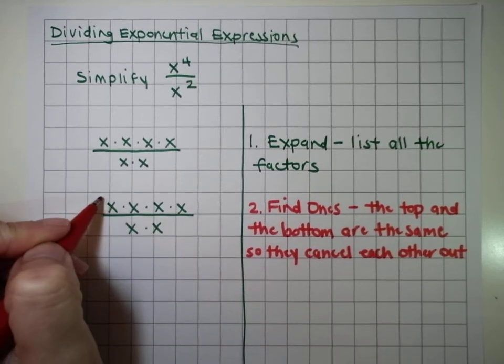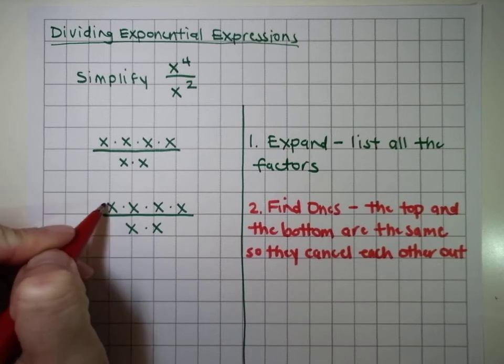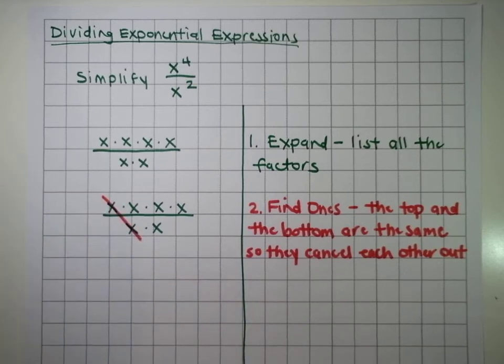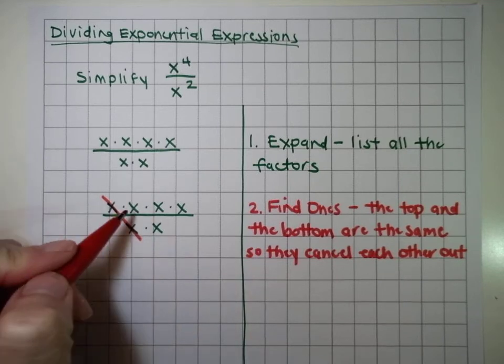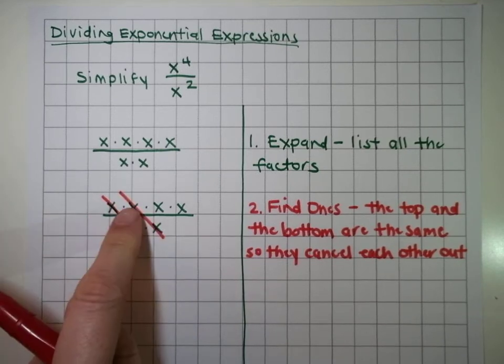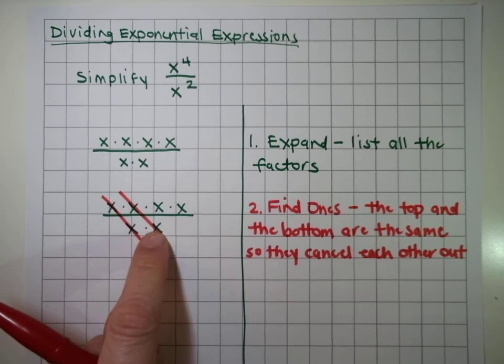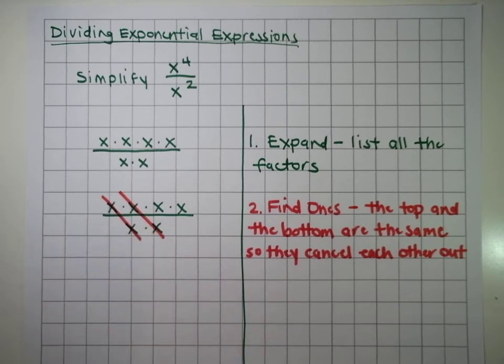So x divided by x, when you divide something by itself, it's just 1. And so essentially they cancel each other out. So we can cross them off, and then we have another x divided by another x, so we can cancel those off. And so then once we're done finding all of the ones, the last step is to multiply what is left on the top together and what is left on the bottom together.